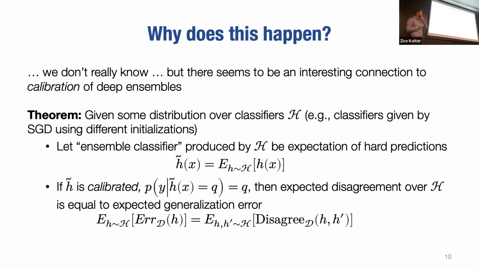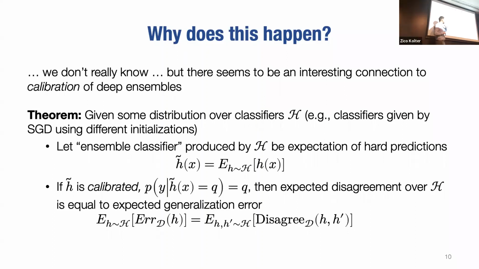And we can actually prove in this case a maybe interesting result. I vacillate about how much this really informs our understanding of the empirical effect, but it's a result which says that if we have an ensemble of classifiers produced by H, and think about H as the class of randomizations you have over classifiers, like different random initializations, randomized differently, then trained by SGD to some amount of performance.